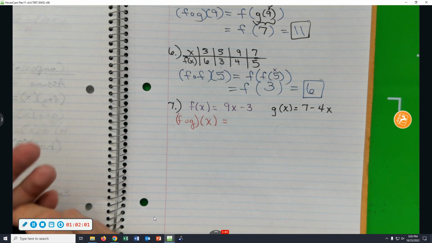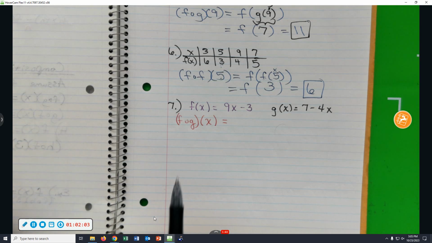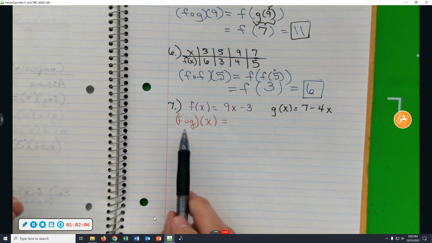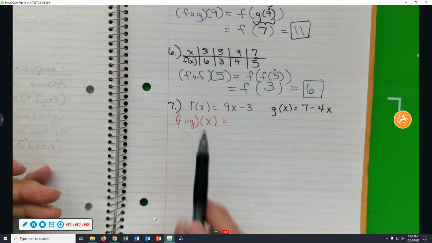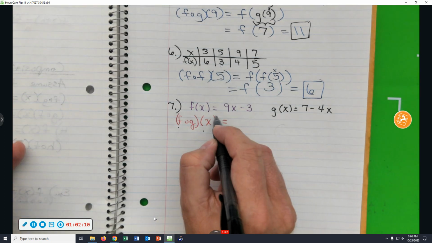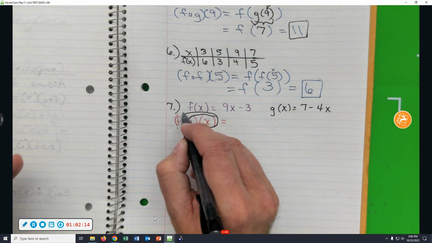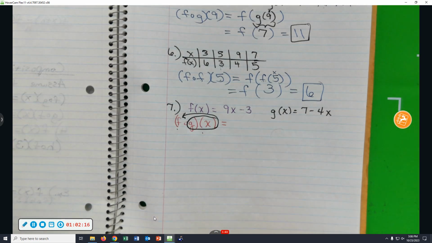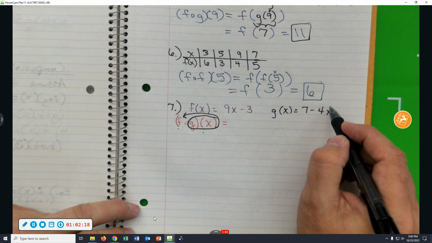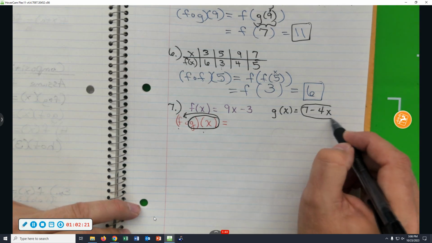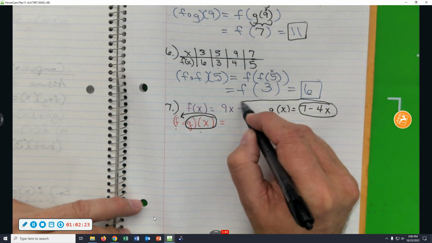watch closely what we're going to do. To find f of g of x, that means plug g of x into f. Let's come over here and draw the arrows. We're plugging g of x into f.